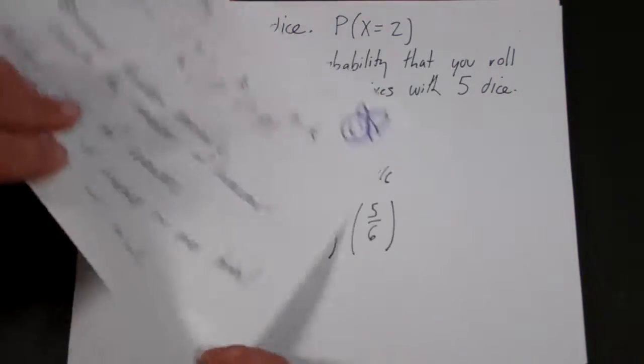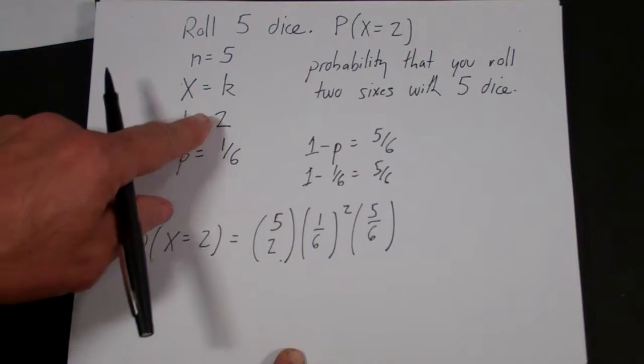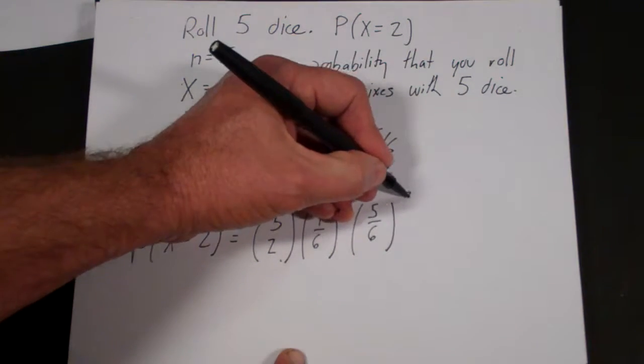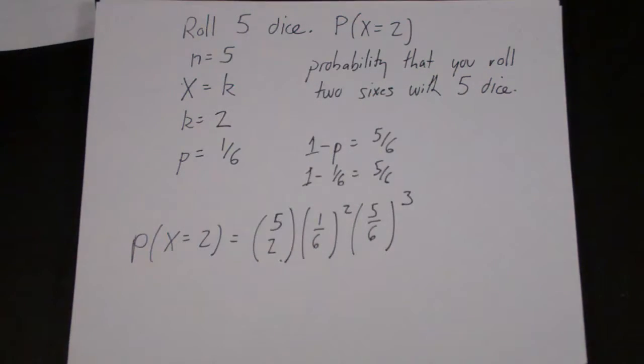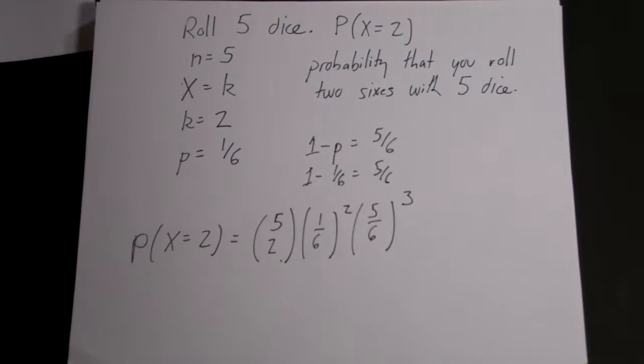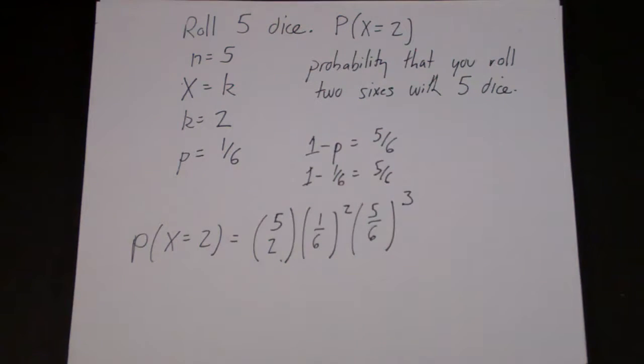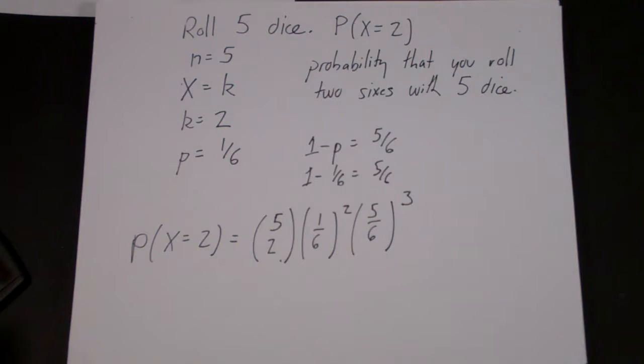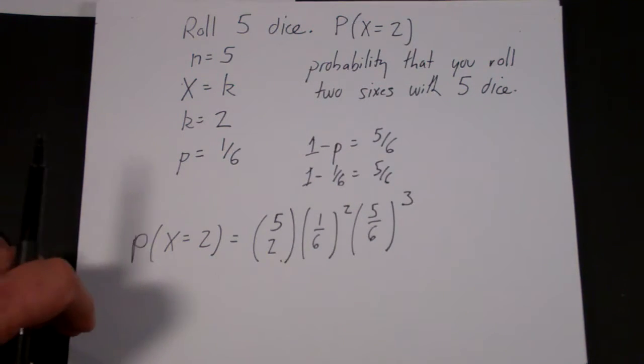So if k is 2 and n is 5, then that's to the third. Let's look at that for a second and make sure that you understand where the numbers come from. Now it's just a matter of plugging it into a calculator. Why don't you plug that into your calculator, and then we'll show the answer in the next video.